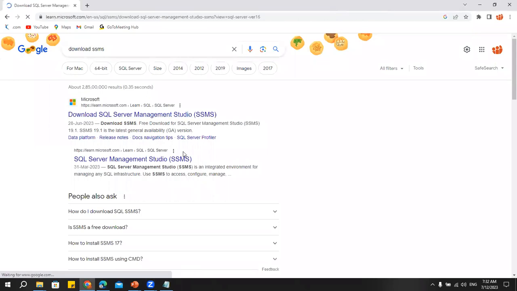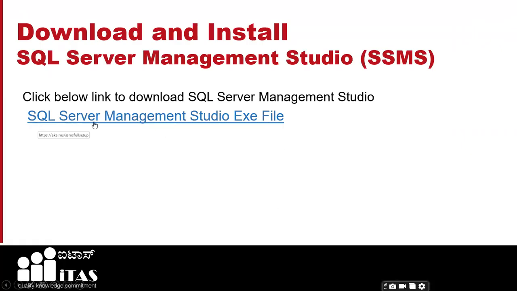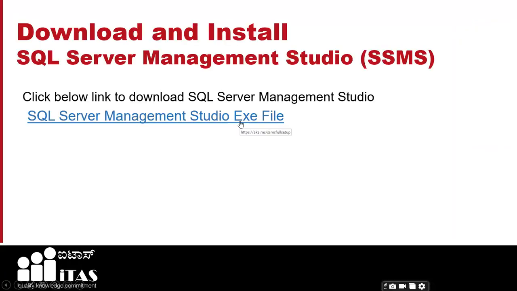I'm just clicking on this. I don't know why this website is taking so much time. There you'll get one link where you can download SQL Server Management Studio. It is some new version, some 2021 or 19, I'm not sure. Just download that and install it.